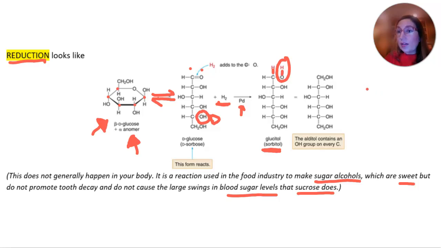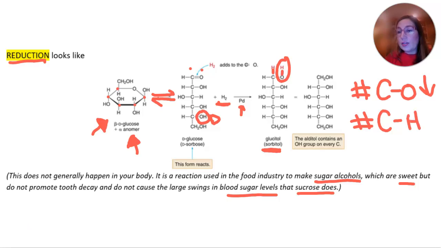So what does organic reduction look like? Well, we're going to take our number of carbon to oxygen bonds and decrease them, and take our number of carbon to hydrogen bonds and increase them. That's organic reduction in general. And so this is how sugar alcohols are made in industry.